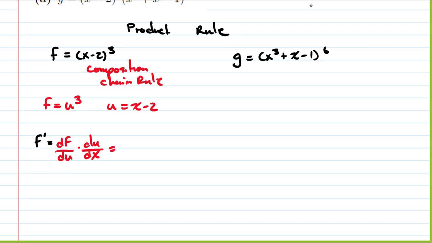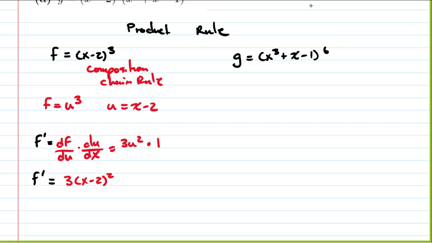So df du, the derivative of u cubed is 3u squared, and du dx is going to be 1. Then finally, back substituting all of that out, I get 3 u squared, u is x minus 2, squared, times 1. So my derivative of x minus 2 cubed is 3 times x minus 2 squared.